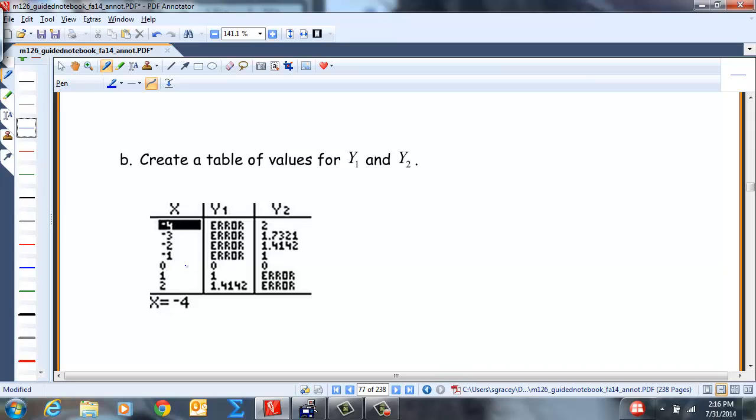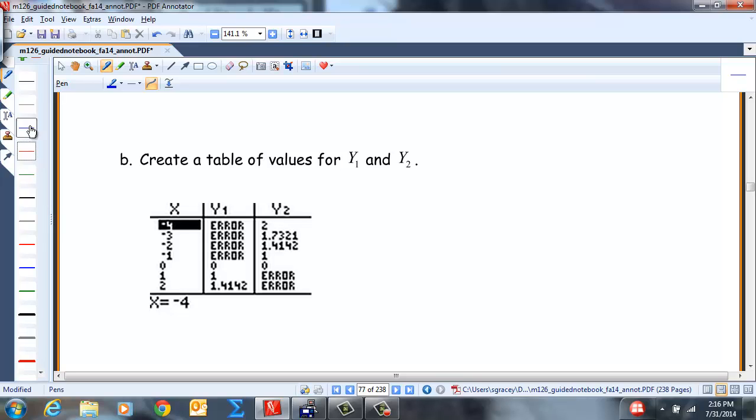At 0 you get the same value, but when you have that negative on the inside, it's making a shift on the x values. So y2 is going to have outputs when you enter in negative values for x, whereas y1 will have outputs when you enter in positive values for x.